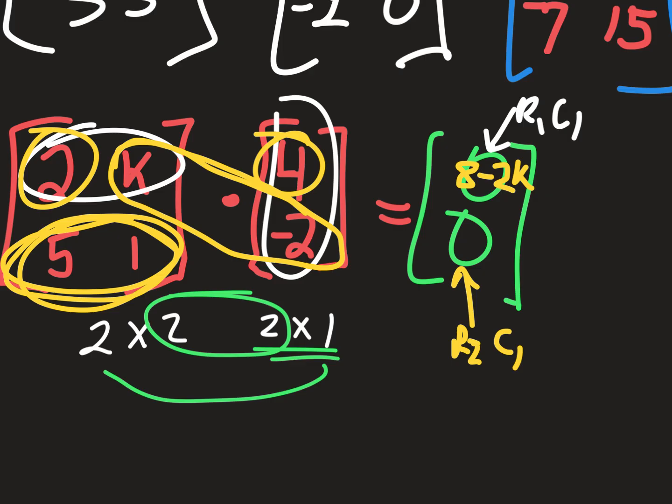You had 4 times 5, correct? which is 20. Yep. And then 1 times -2, which is -2. So you have 20 minus 2, which is 18. Perfect. So 8 minus 2k on top, 18 on the bottom. Do you get the calculator could not have done that one because there was a k in it. Okay, awesome. Next question.